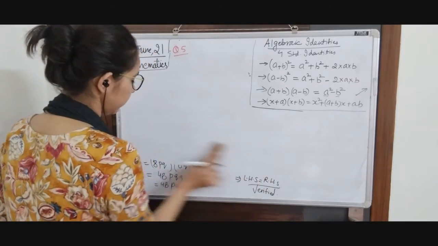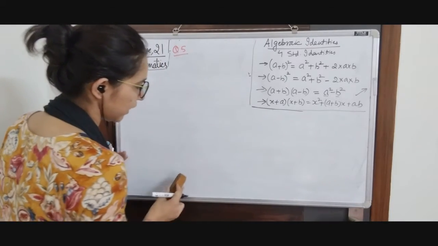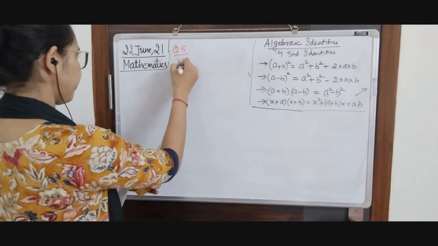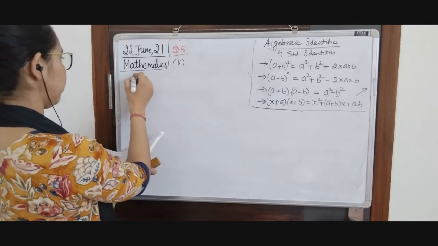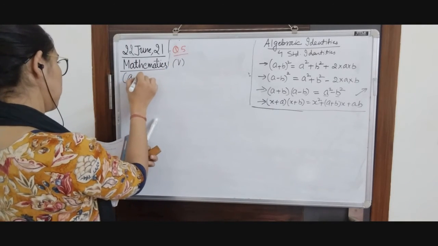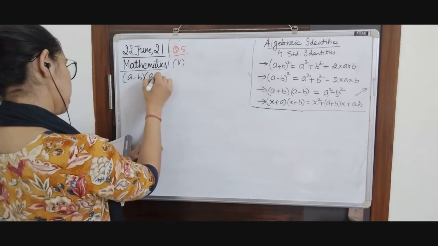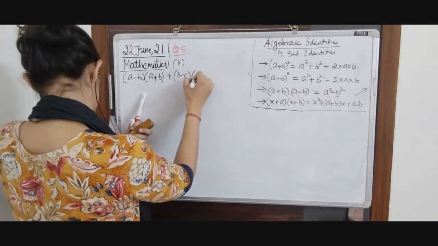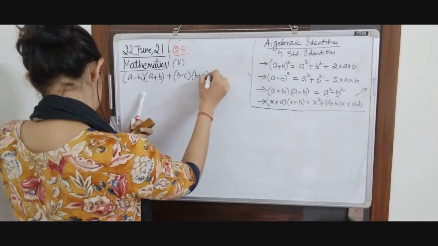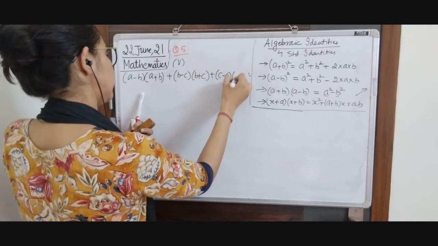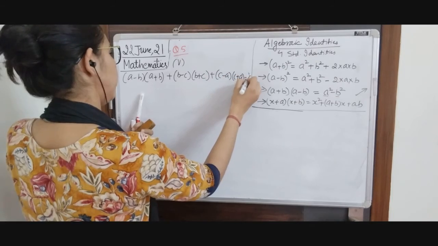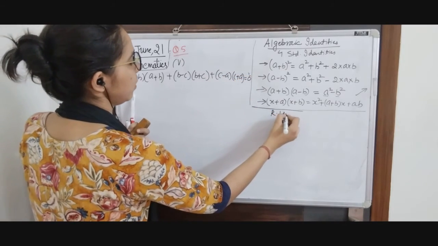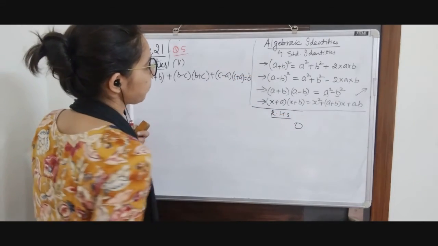Only 4 identities, and we have simplified the expression so much. So fifth one was, okay, fifth one is a bit longer expression, (c minus a)(c plus a) equal to 0. Okay, right hand side is 0.